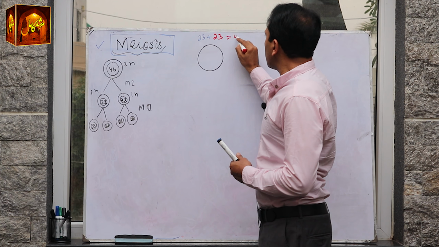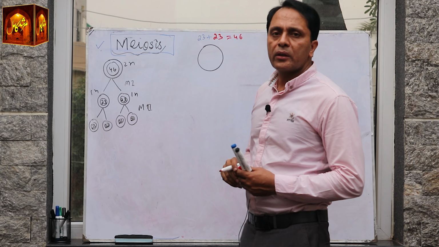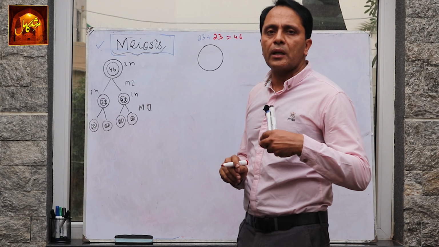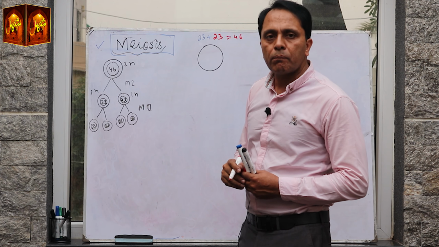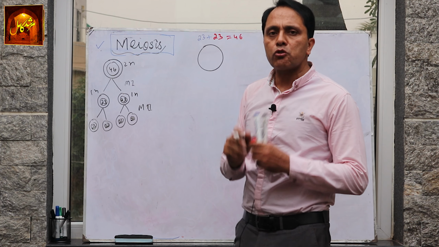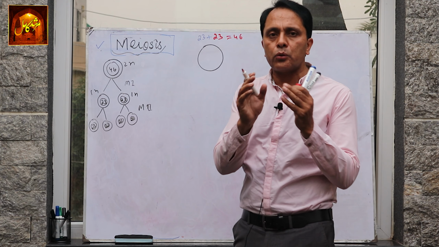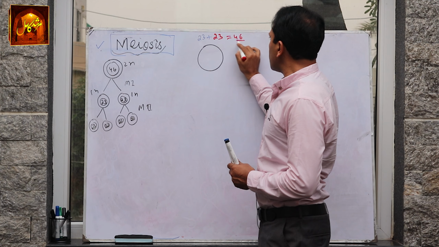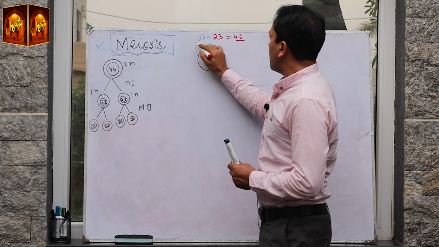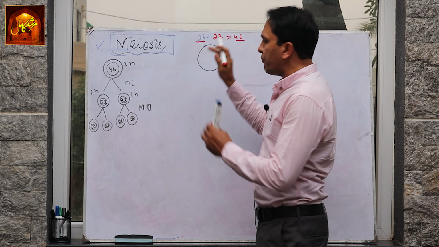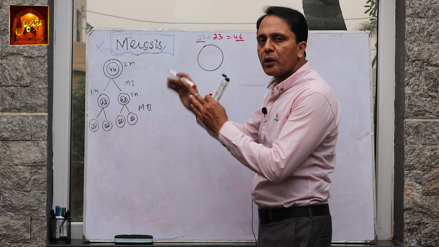So when the person has 46 chromosomes in all somatic cells or body cells, it means actually there are two different sets of chromosomes. I mean, these 46 chromosomes actually represent half the number of chromosomes which the person gets from each of two parents.